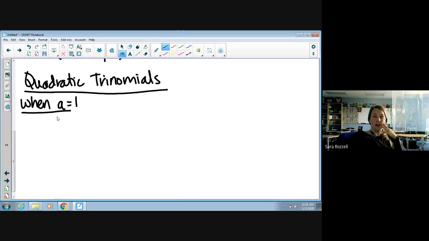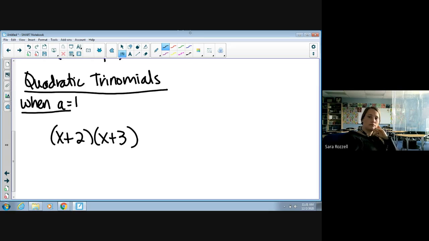And it's going to be a reminder of distributing 2 times, or some of you might have called it foiling before in your Algebra 1 class. So this is what your answers are going to look like, and we're going to see how we got to that from an original problem. So we'll see the arrangement of that.